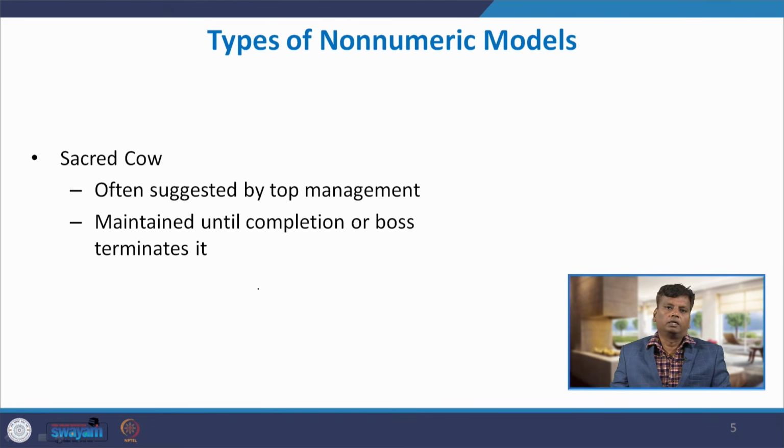In this method, often the project is suggested by top management, a very senior person. Once the senior person says that we have to go for this project, we have to accept this project. This project is maintained until completion or until the boss terminates it.